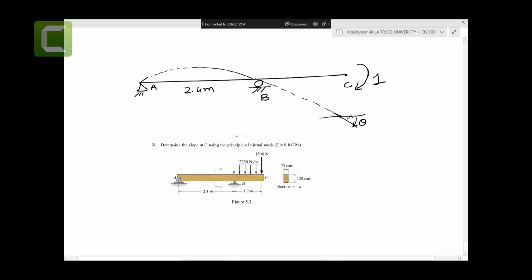Again, if you think it's very hard for you to imagine, it's okay. You can put it in the opposite direction, but then you will get a negative answer. Then you can comment that you get a negative answer because your virtual load's assumed direction is not correct. Okay, do you understand what I'm talking about? So it's not a scary part. In this subject there is nothing scary.